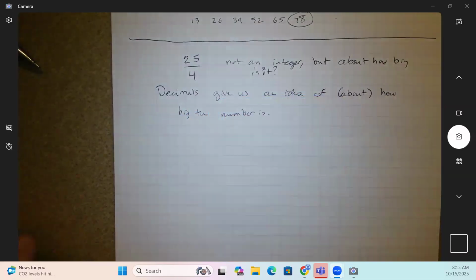And this goes for our fractions. This eventually goes when we look at numbers that are represented by letters, like the number pi, right? How big is pi? It's not exactly that, but I know about how big it is, right? And that's useful information. That's one of the big things about decimals.